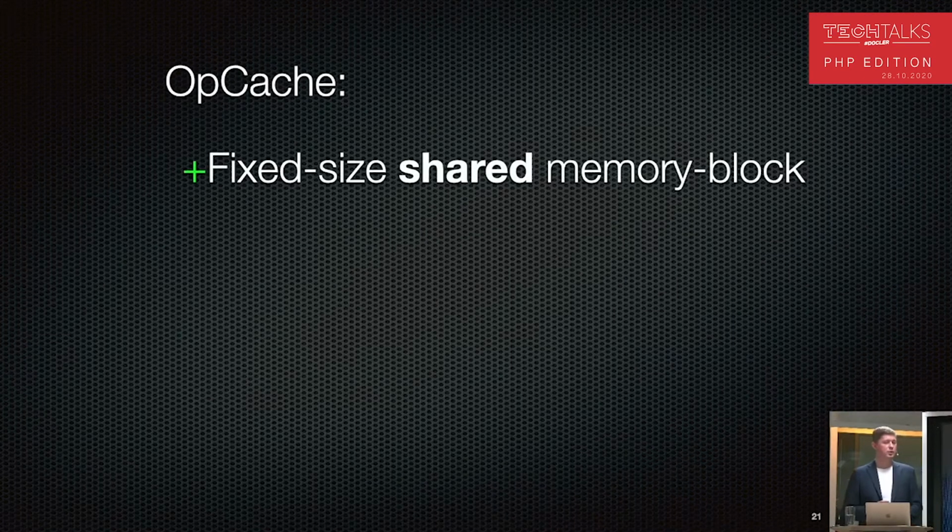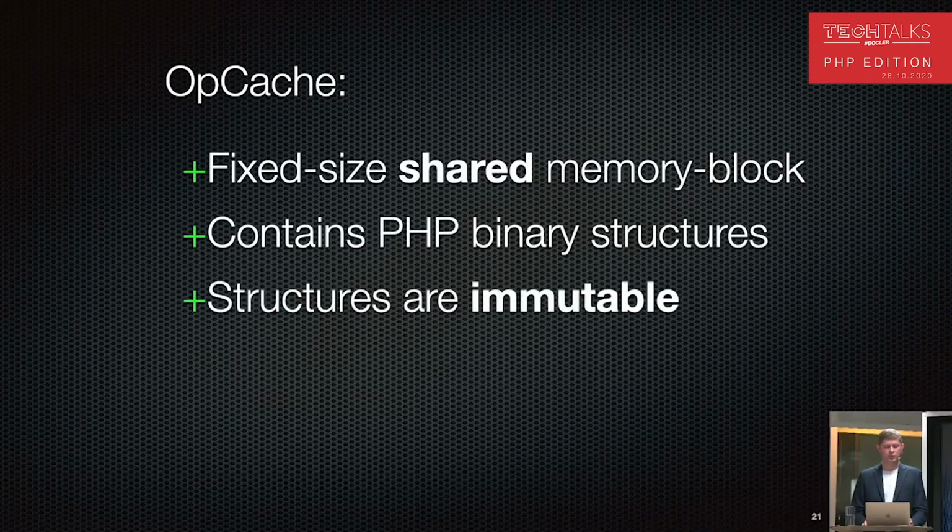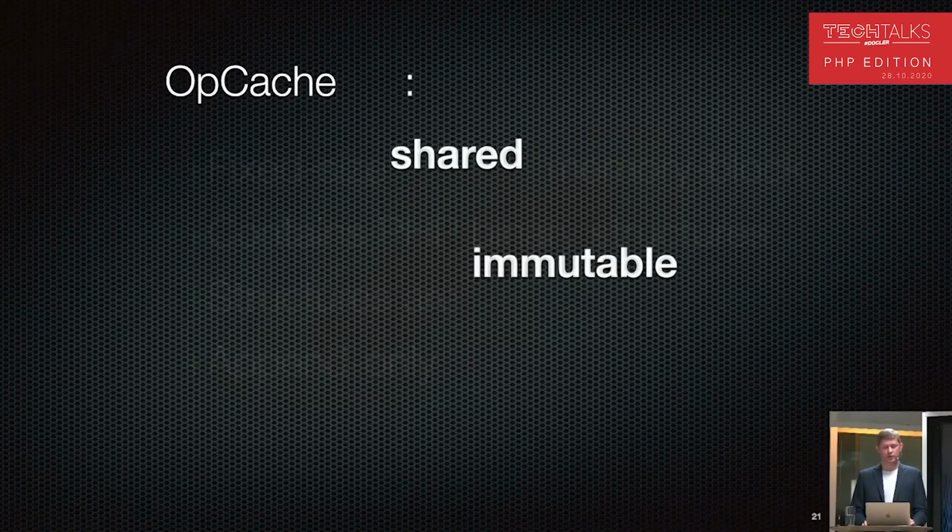When we are looking at the representation of opcache, it's a fixed size memory block in the memory of PHP, which contains only binary structures, no more classes or AST. It's optimized for execution. An important fact is that the structures are immutable, so we cannot change them in runtime. And this opcache is append only, and we are appending new structures on top of it.